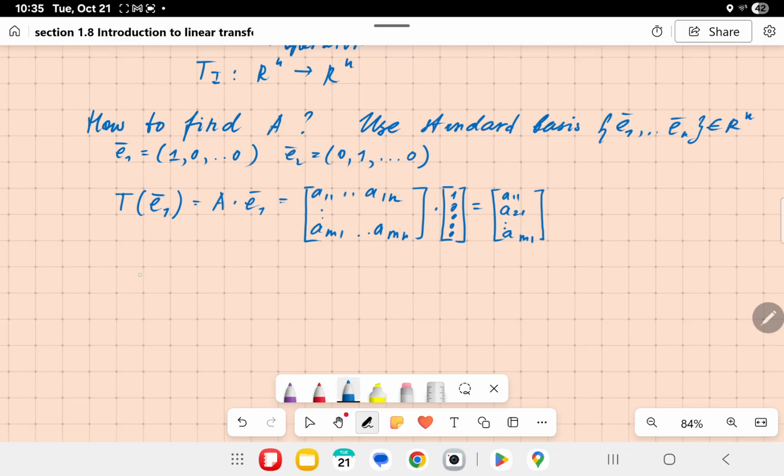So the matrix of transformation is going to be equal to T(e1), T(e2), and so on, written as columns.